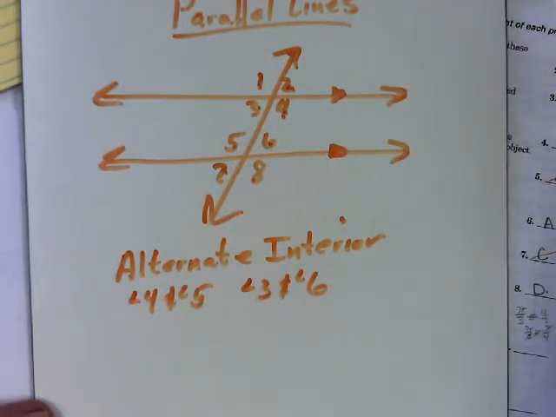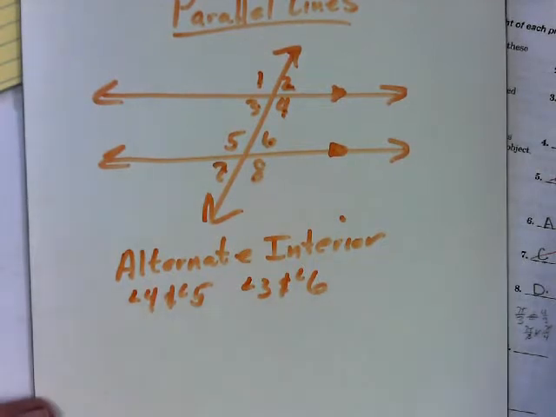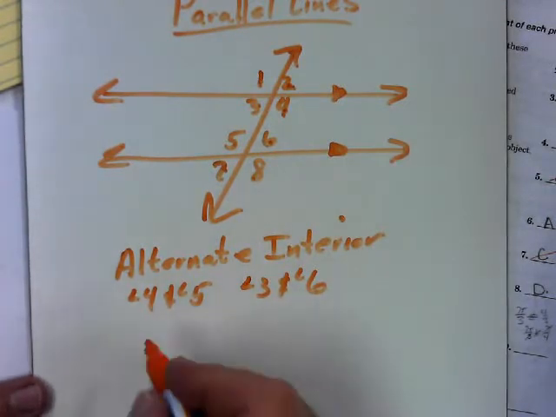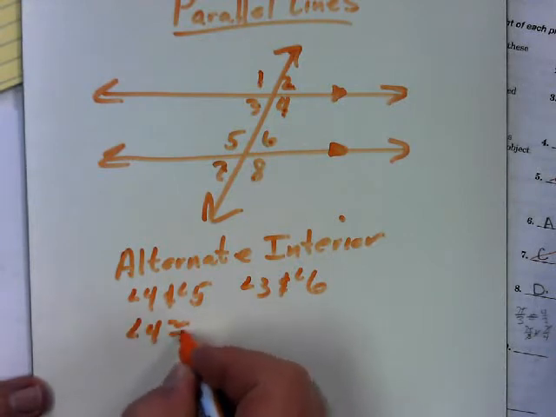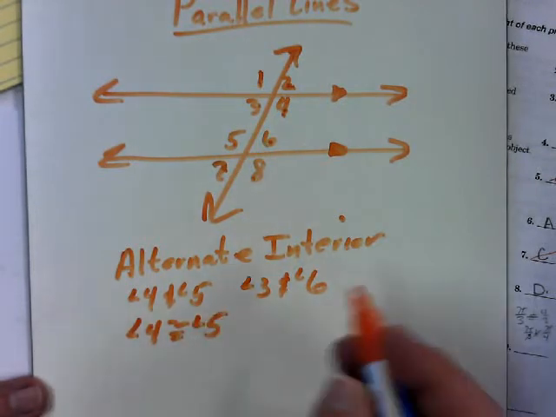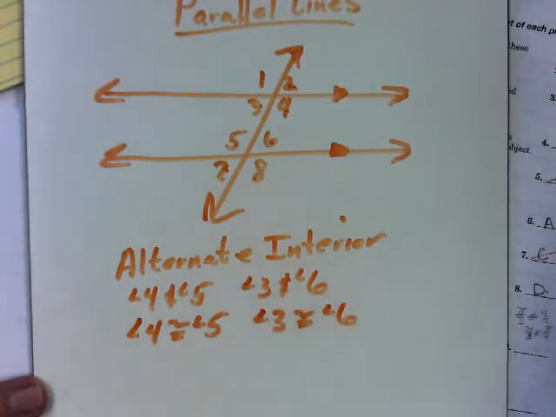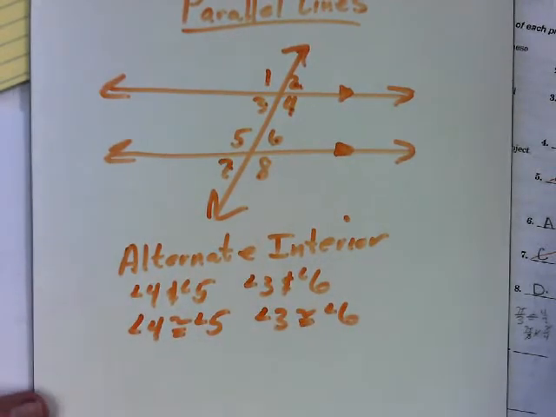Remember that from yesterday? Well, alternate interior angles, if you have parallel lines, are equal or congruent. So angle 4 is congruent to angle 5, angle 3 is congruent to angle 6.